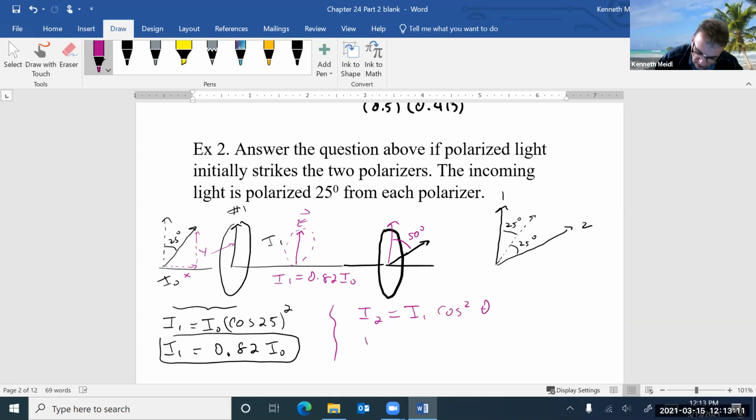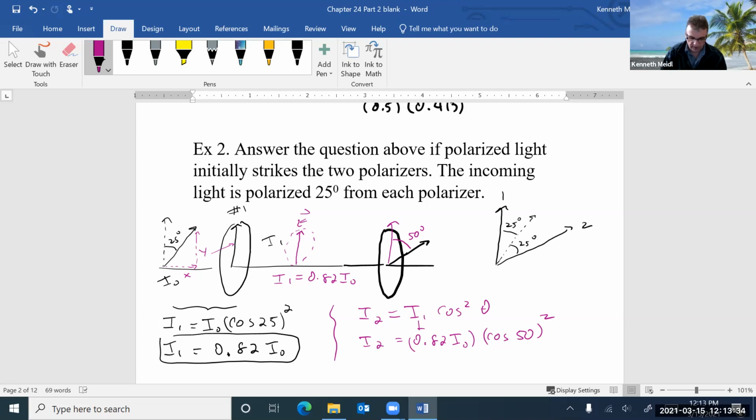And I2 equals I1, but I1 is the same as 82% of what we started with, and we have 50 degrees between those two vectors, and that's going to get squared. This tells you the overall amount of light that survives.